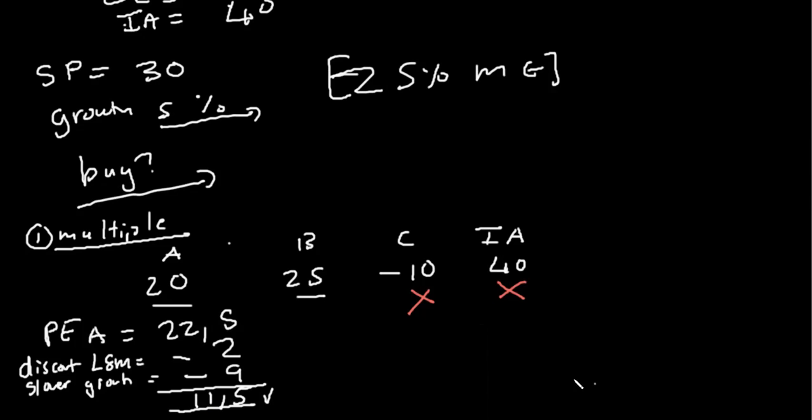Now, we need to multiply that 11.5 times the maintainable earnings that we calculated of 2,529,000. So the 2,529,000 is the adjusted profit that we calculated there on top.